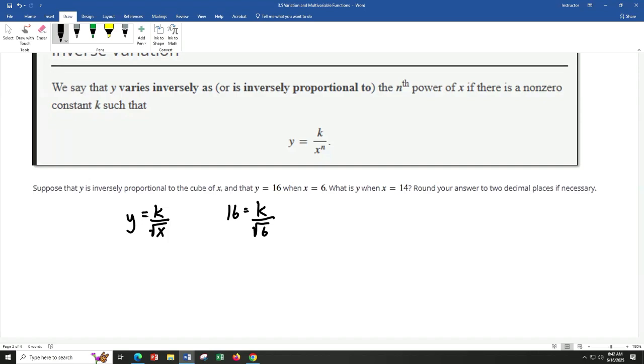Well, I got to get that k by itself, which means I'm going to multiply up. Simple math here. And then I get a k that's equal to 16 root 6.